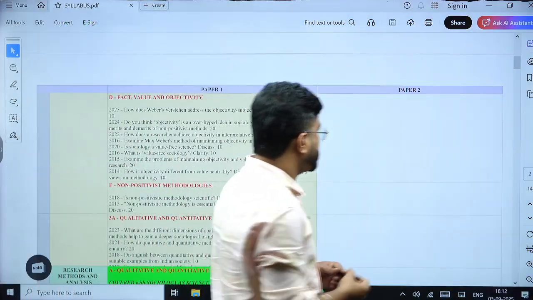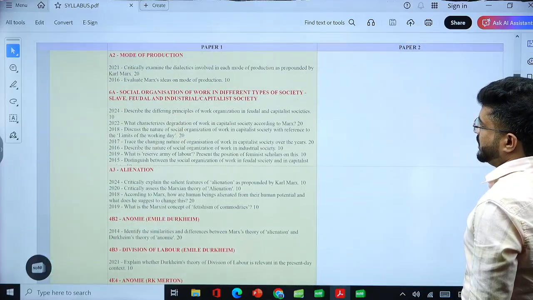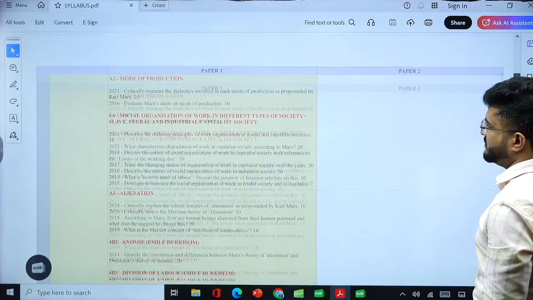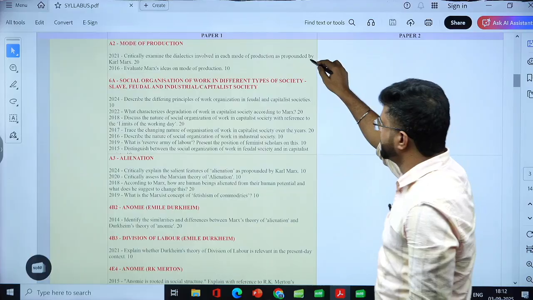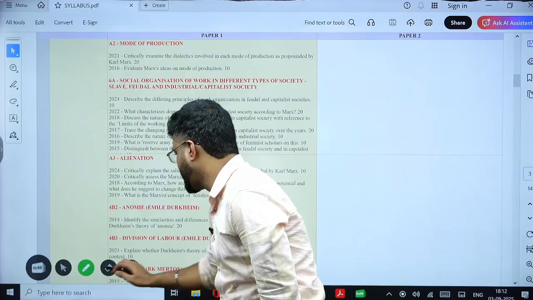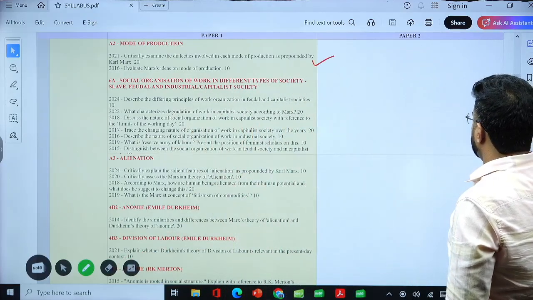Okay. In Karl Marx, we talk about historical materialism, mode of production, okay. Now see this chapter 6.